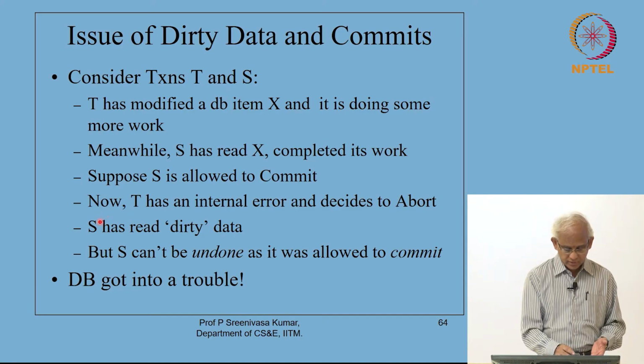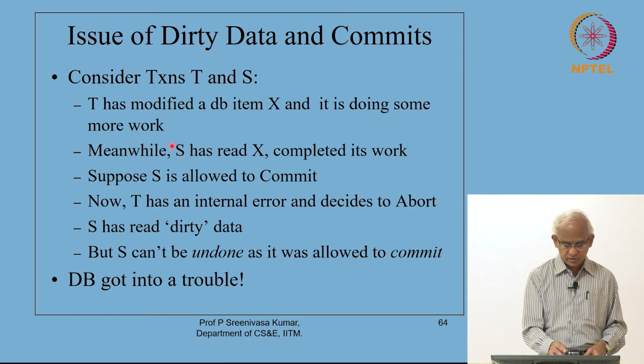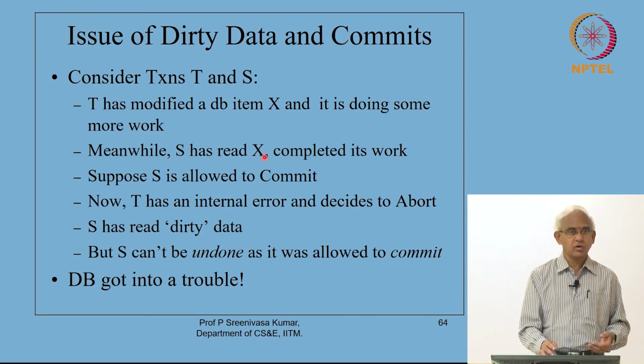Now, S has read dirty data. It has read some value that is not supposed to be there, because this change that was done by T on item X is now going to be rolled back. It will be undone because the transaction itself requested an abort.